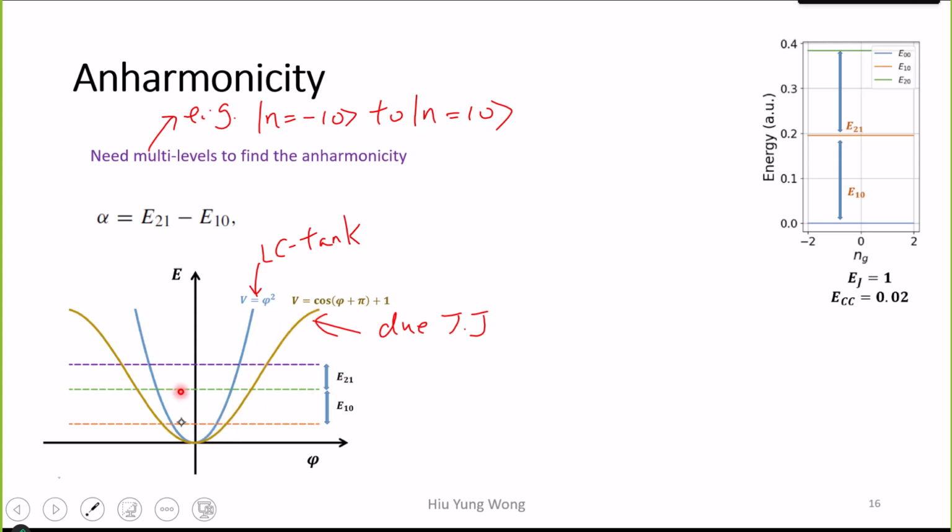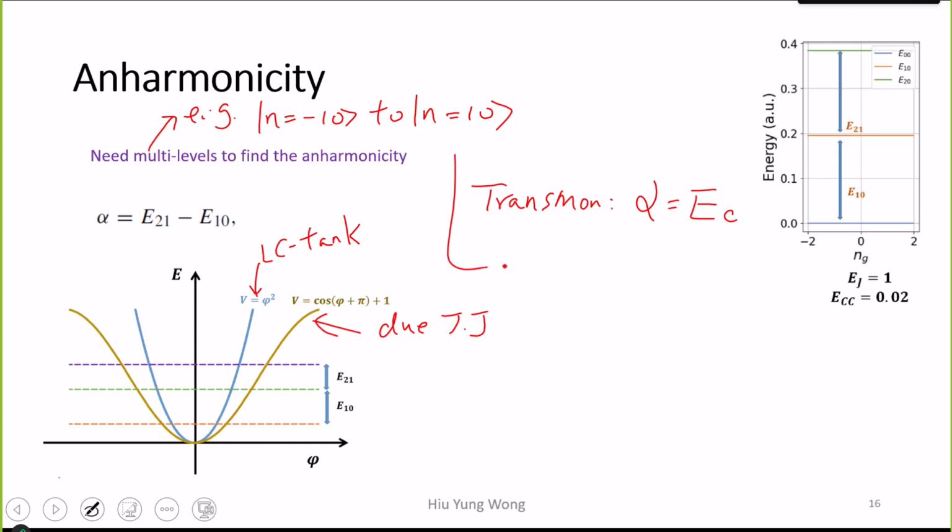As a result, the energy difference between the first two levels is different from the next two levels. And alpha, which is defined as E21 minus E10, is the so-called anharmonicity. Right? So in the Transmon, alpha equals EC, the charging energy, not ECC. It turns out it equals EC, okay?